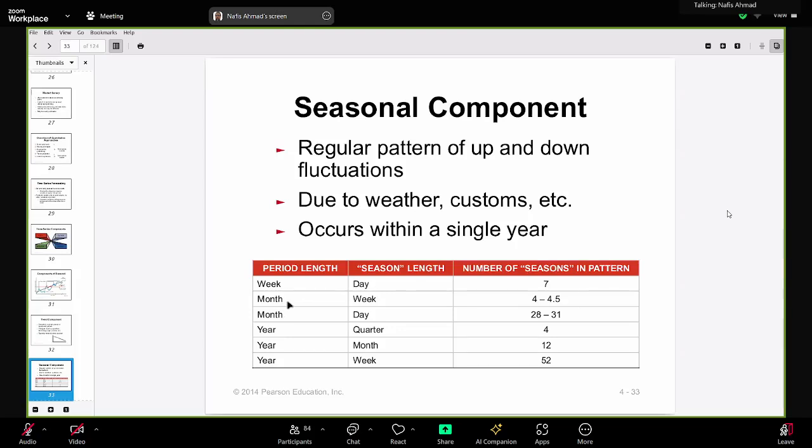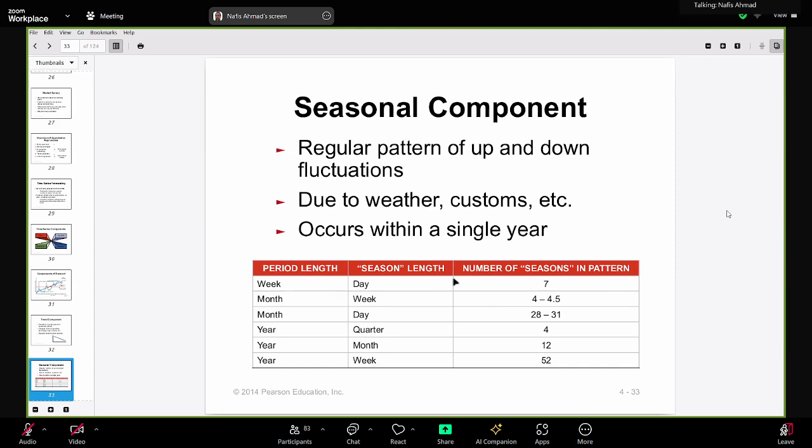In a month, for a few weeks at the beginning, the demand for commodities increases because people get their salaries, on a specific day in a month. Okay, and similarly for different quarters in a year, different months in a year, or different weeks in a year. So there are different situations for seasonal components.